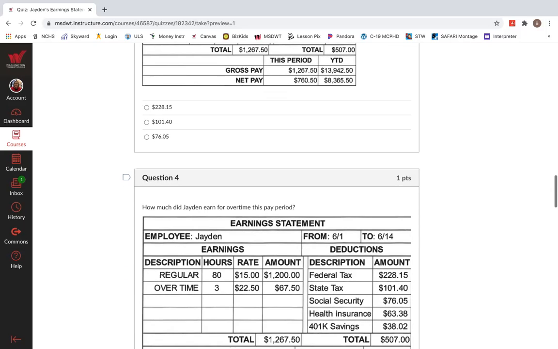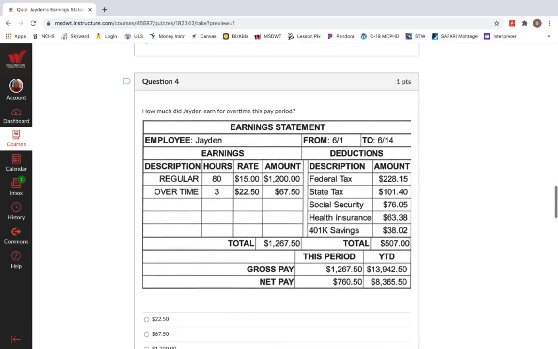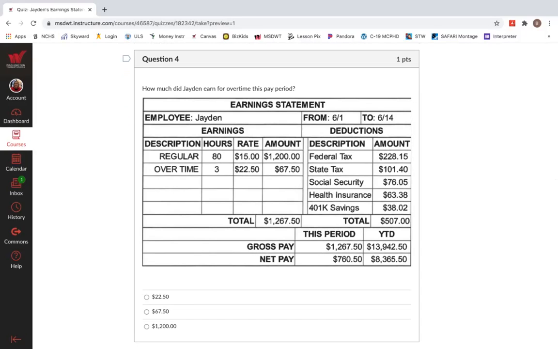Question 4, how much did Jayden earn for overtime this pay period? So you have to look at his earnings. You have to look at overtime. He got 3 hours of overtime at the rate of $22.50. How much did he earn for those 3 hours total?